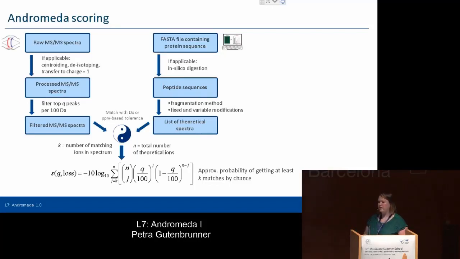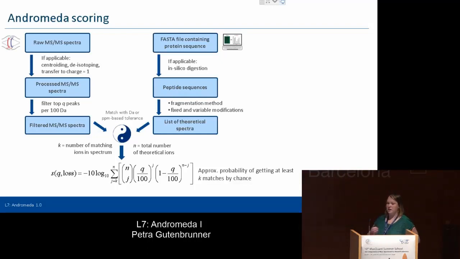When we have high resolution, we have a ppm-based tolerance, and when it's low resolution, it's usually Dalton. But the good thing about MaxQuant is that this is automatically set, because it reads the information of the resolution out of the raw files, and then it gives you a suggestion, so you don't need to worry about this, and this is really nice.